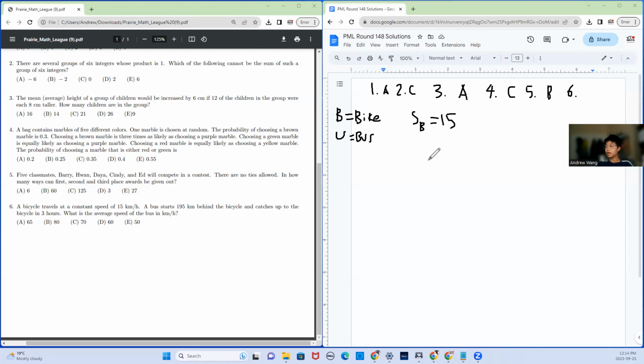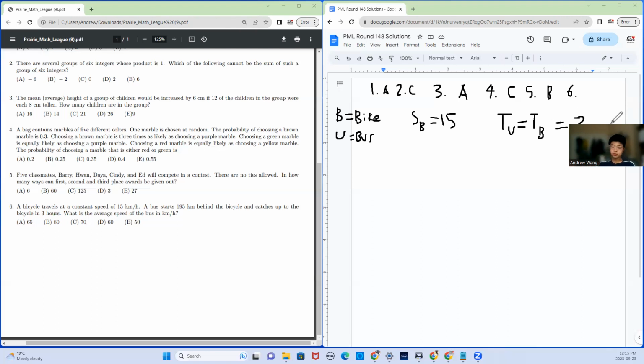We also know that the time of the bus is equal to the time that the bike takes, which is equal to 3 hours, because it says after 3 hours. So this is what we know.